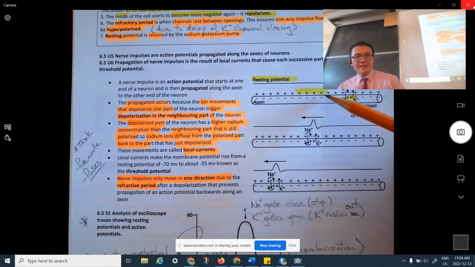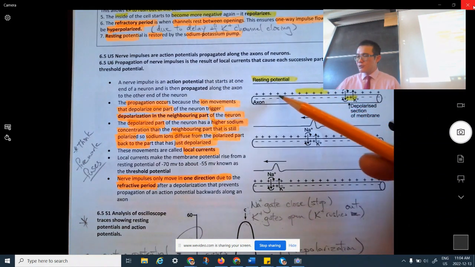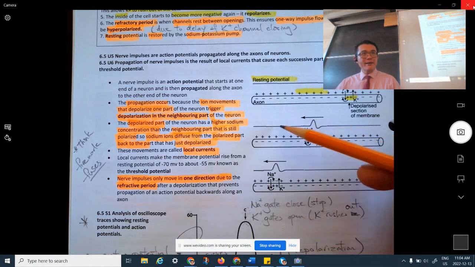So the depolarization happened here. Okay, the rest of this part is resting potential. The part just behind it is going through the refractory period, so it cannot do depolarization again. So the depolarization that happens here creates the stimulus that causes the next part to start depolarizing. Hence, the nerve impulse moves this way.